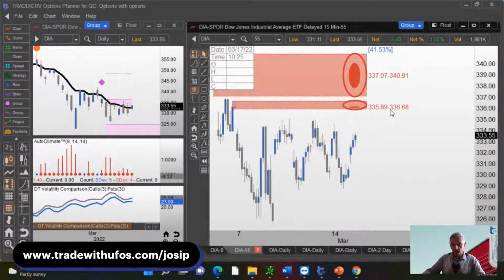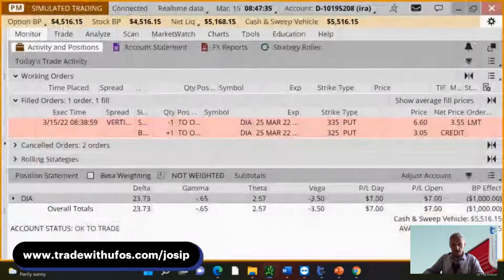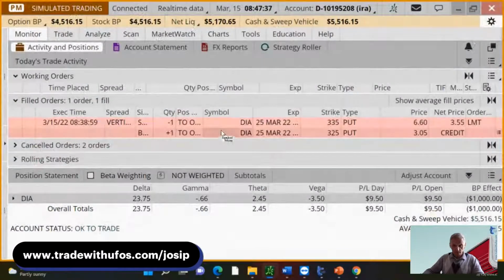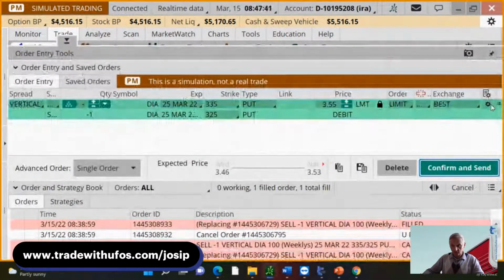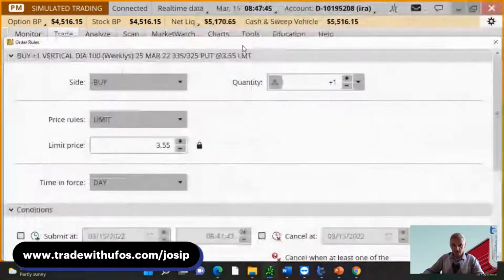It could, but also be aware that I do not expect this to go any further, because when it hits that level, I want to exit. So quickly here, let me just place the opposite order. Opposite order means when we hit 335.